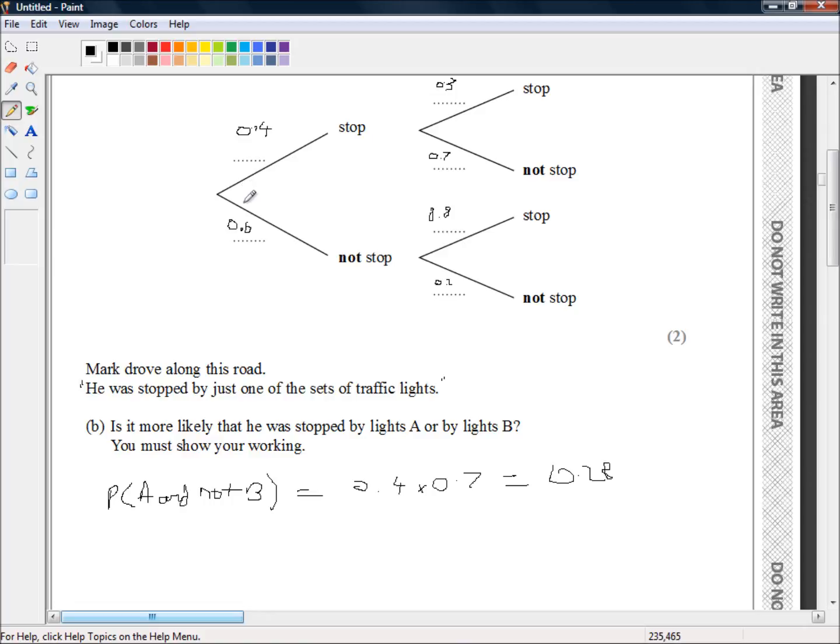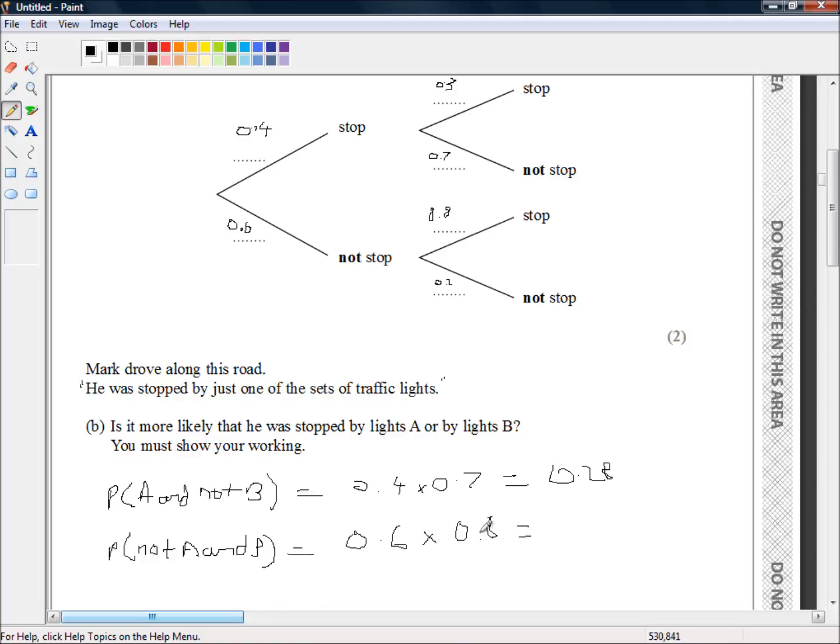So the probability that he was stopped by lights B and not by lights A, so that's the probability of not A and B, is equal to 0.6 times 0.8. 6 times 8 is 48.